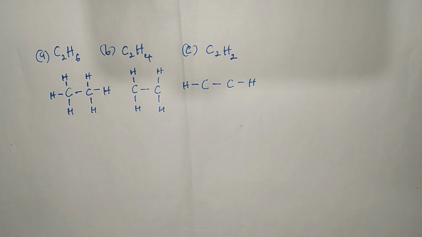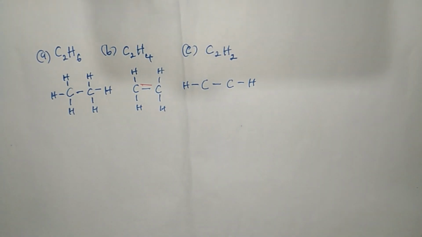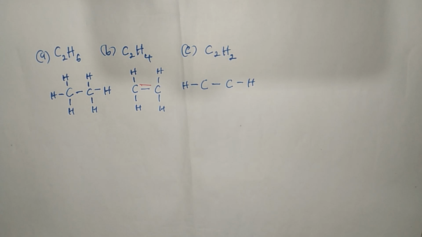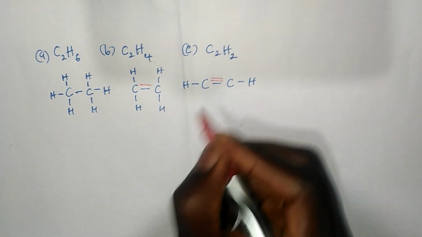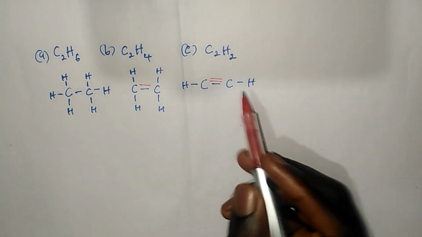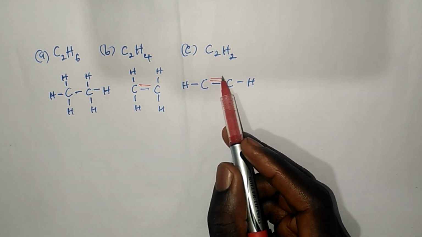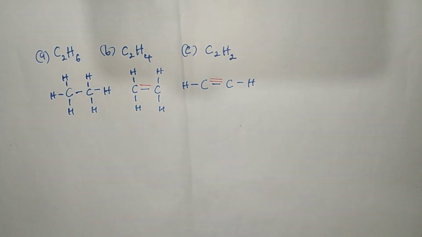So you add another bond between the carbon and carbon. For C, carbon has just 2 bonds. And to make carbon have 4 bonds, which is what it likes to have in organic chemistry, you add 2 extra bonds. The first bond is a sigma bond, and the other bonds are pi bonds.